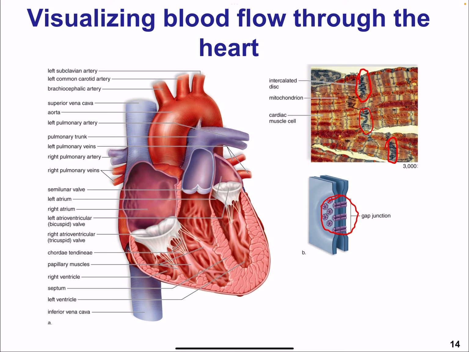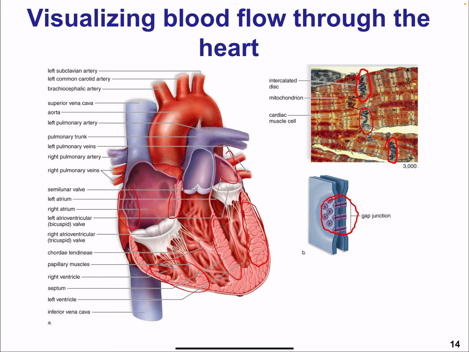This is strategic because this allows two neighboring cells to share information so that in a relatively short period of time and almost instantly, when the impulse comes in one cell, before that cell gets the chance to respond to the impulse, a neighboring cell has already received the same information and is ready to provide a response, which causes the whole heart, so all this organ, to function as a syncytium.